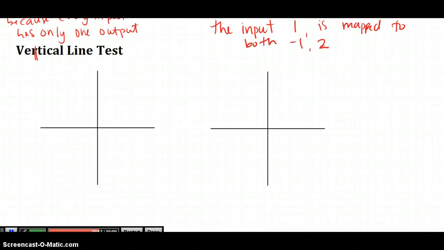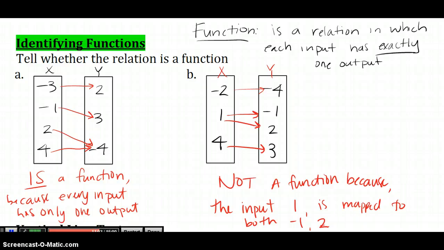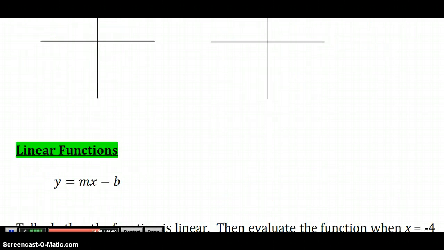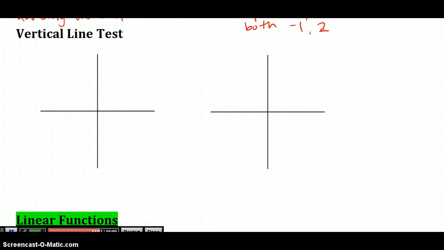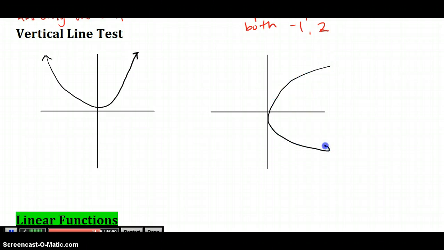So let's say you were looking at the graph and not the ordered pairs. Like up here it gave us the list of ordered pairs in a map. Let's say it just gave us a graph, and that's what we were looking at. Let's say we were looking at these two parabolas, and they wanted to know, is this a function?